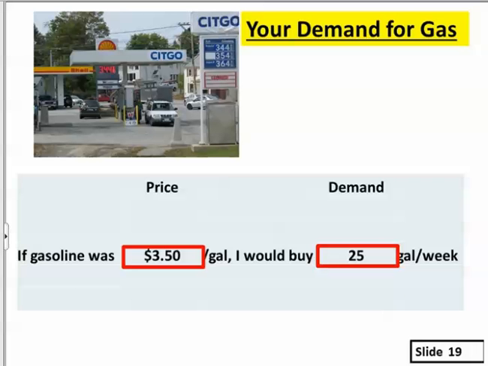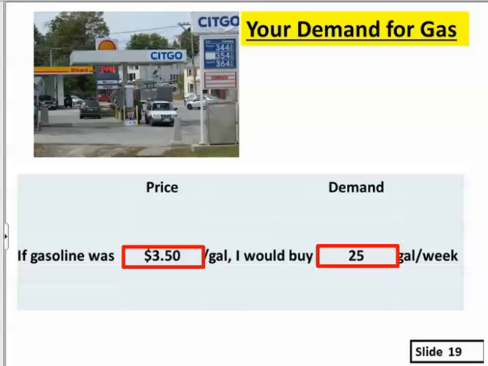Okay, so let's use a simple example. Let's say that gasoline was $3.50, which it was not too long ago. Okay, at $3.50 a gallon, you're probably like me. You do a certain amount of driving at that price. Maybe you'd be willing to buy 25 gallons a week, depending on your vehicle.